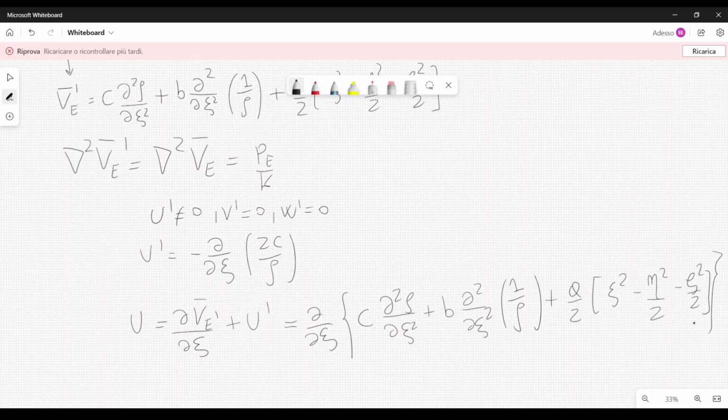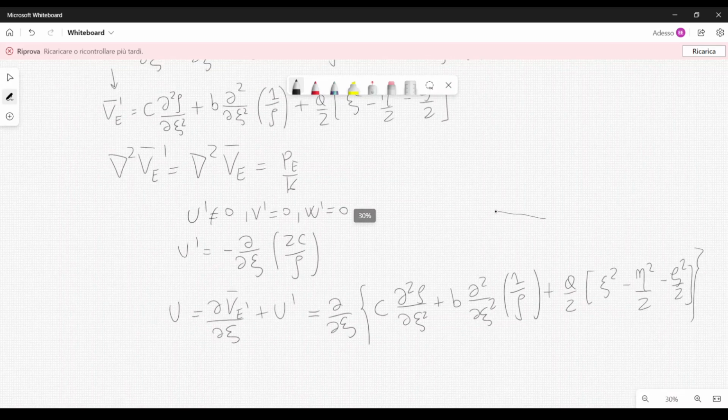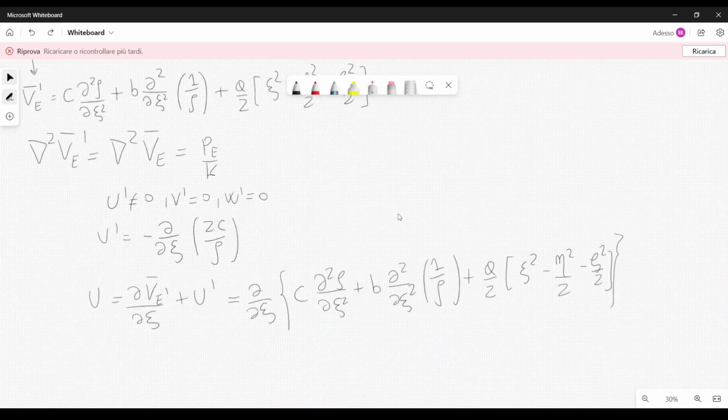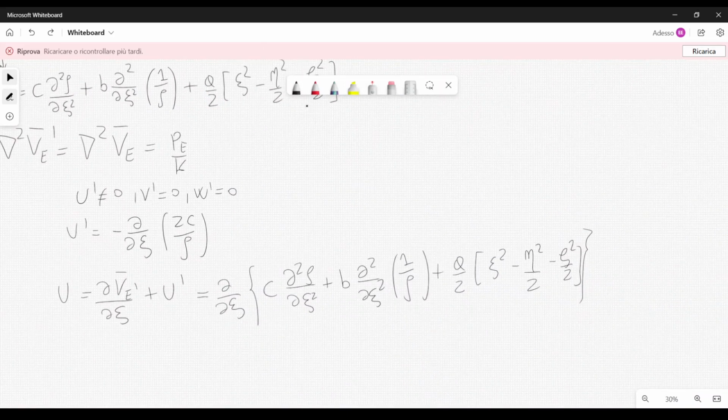And then we also have plus U prime, which is simply equal to this. So we have minus 2c d over d xi 1 over rho.